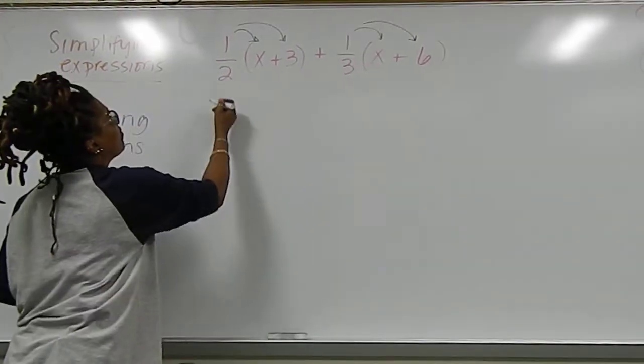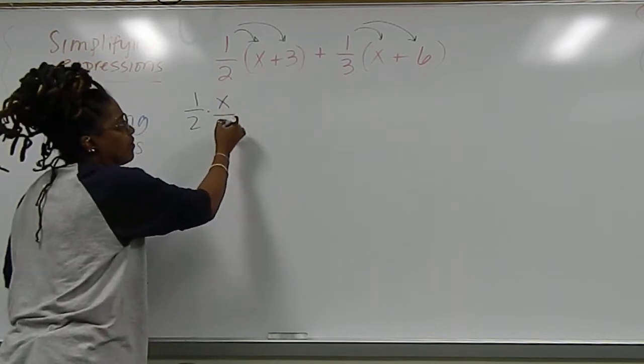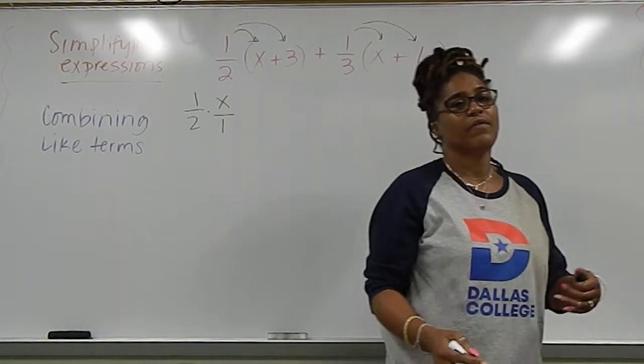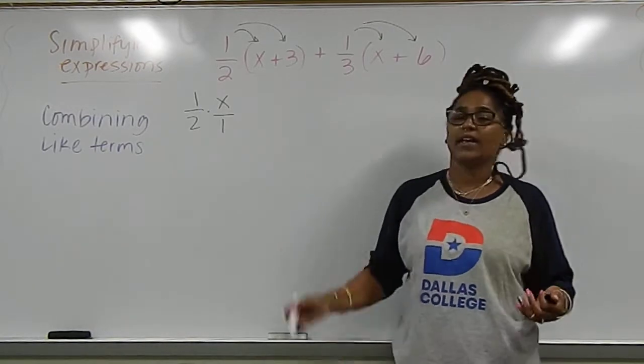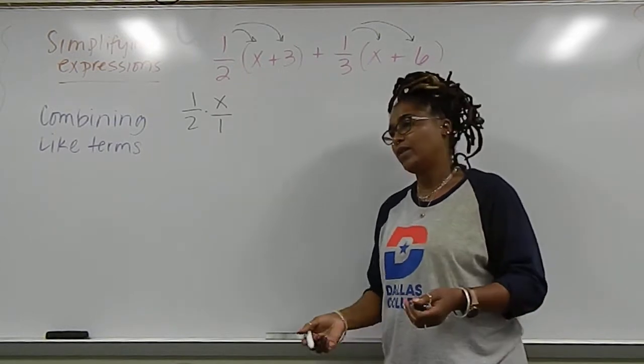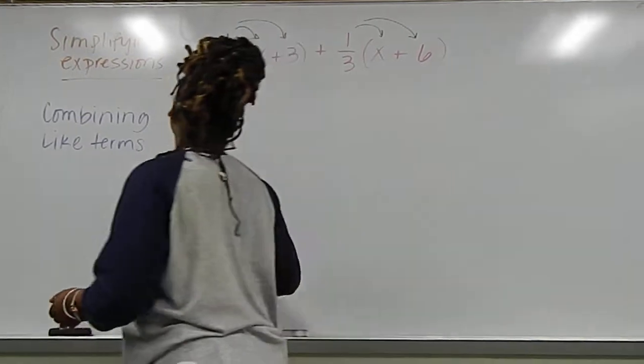So let's go ahead. We know that 1/2 times x. Remember, variables are substitutes for values for numbers, so they have the same rules. Whereas you see x, we know it's x over 1. And then the rules for multiplying fractions are what? Numerator times numerator, denominator times denominator.